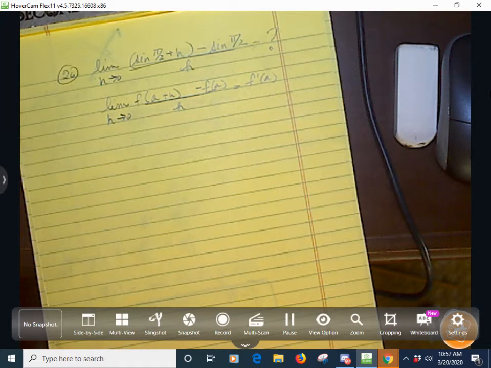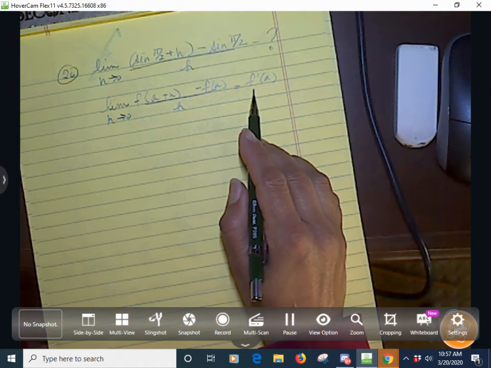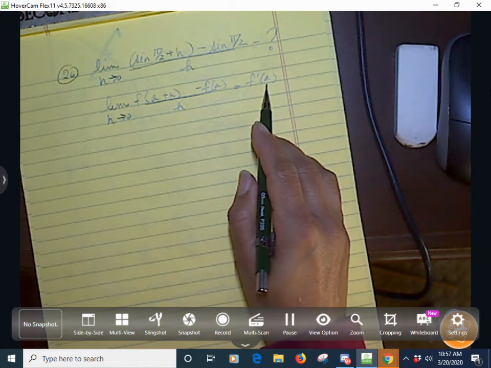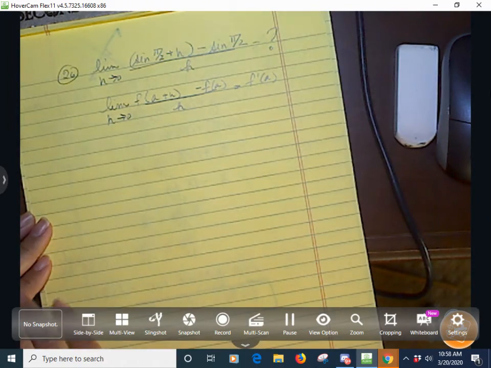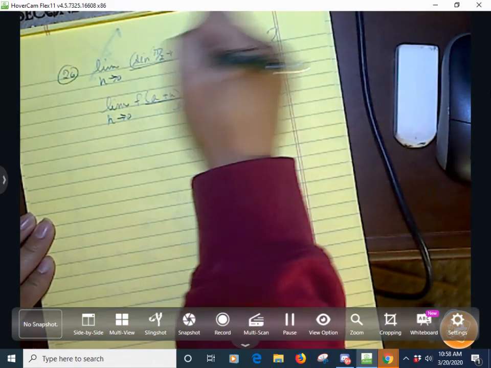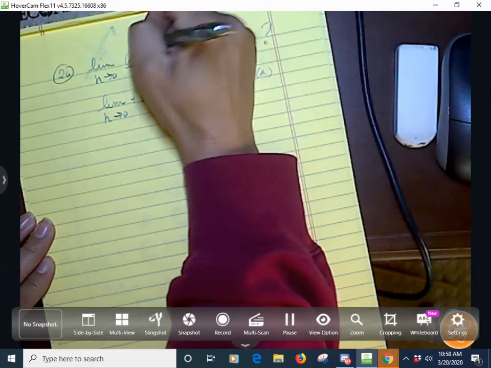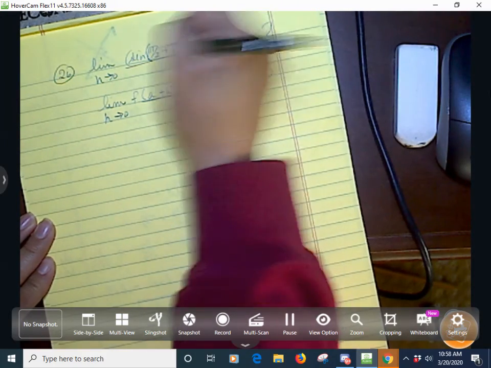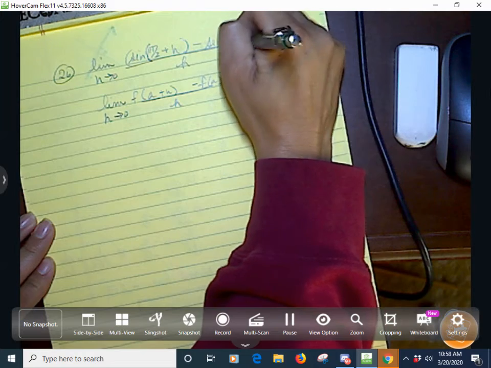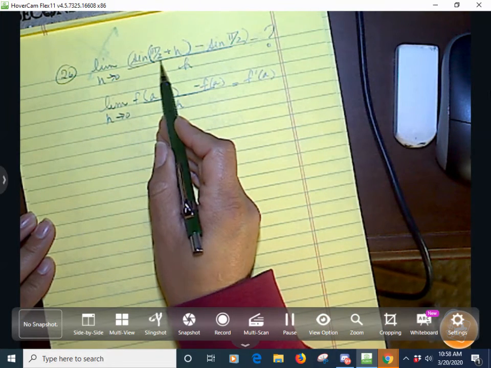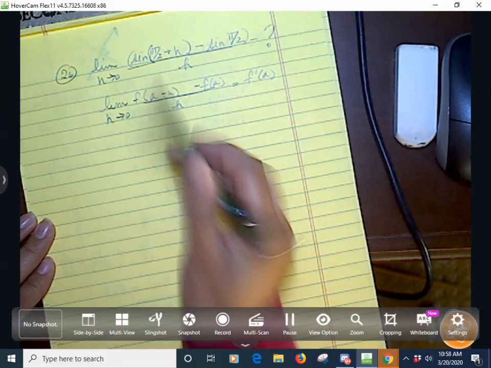That means you need to find out what your function is and what your a is. And your a is easy to determine because it's what you're adding to your h. I did not copy it down properly. That would make a difference. It's what's added to your h, so it is pi over 2 plus h.